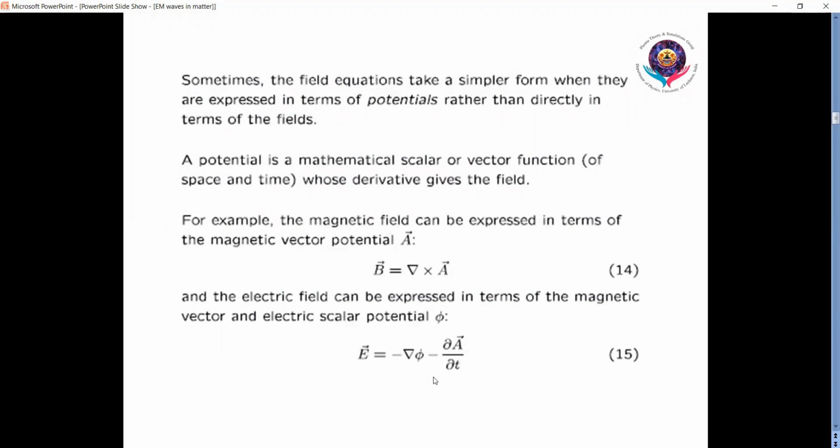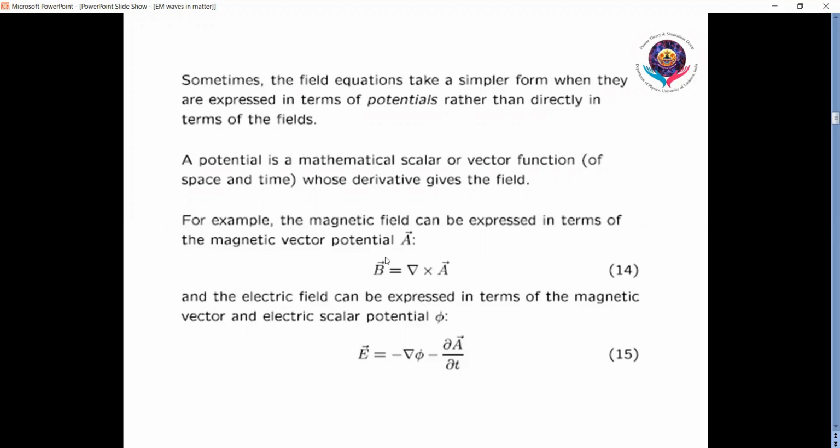Now, these equations can be expressed in a simplified manner if we express these fields in terms of potentials. So we defined 2 potentials corresponding to the magnetic and the electric fields. The potential corresponding to the magnetic field is called the vector potential. It is denoted by capital A. This is a standard notation.